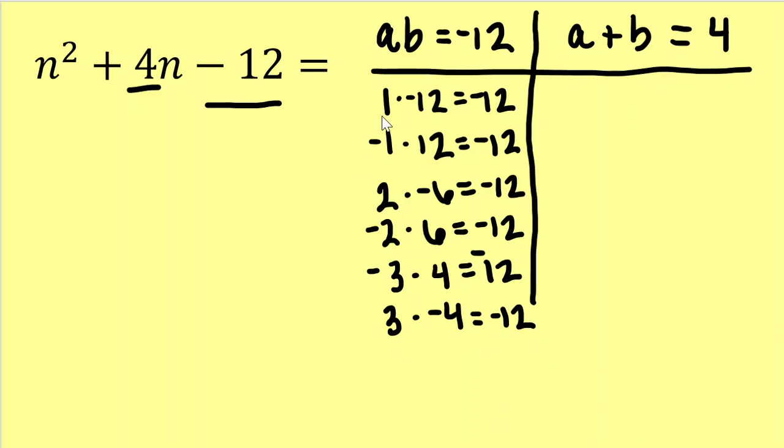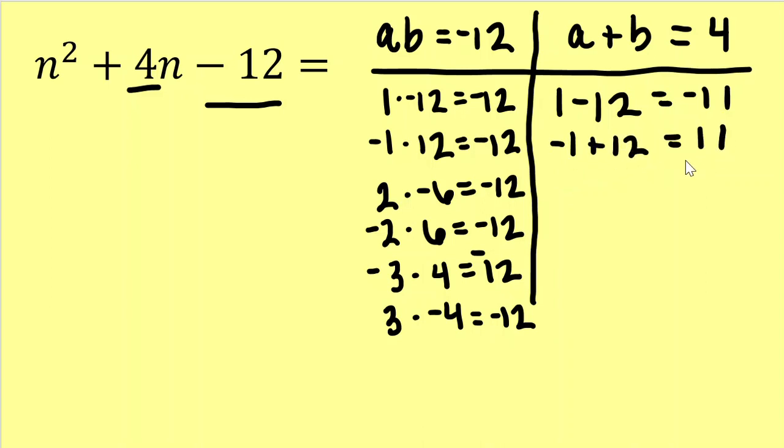So let's go ahead and take our factors and add them together and see if we can come up with positive 4. Well, 1 plus negative 12 is just going to be negative 11, so that's not what we're looking for. Negative 1 plus 12 is going to give us positive 11. 2 minus 6 is going to give us negative 4.